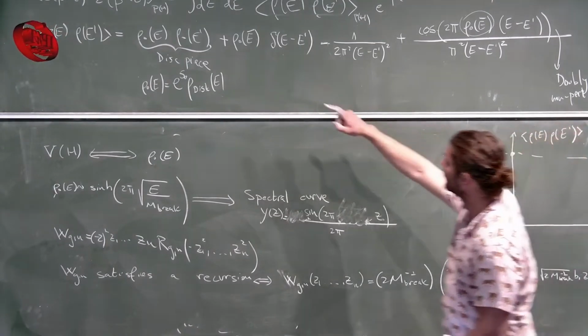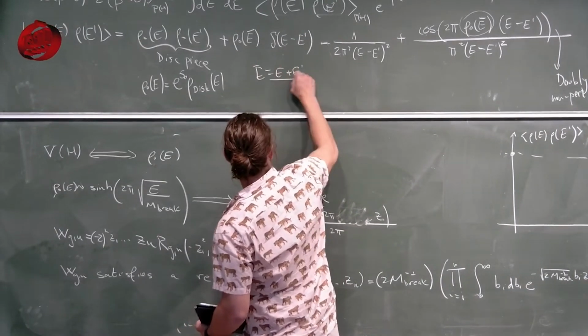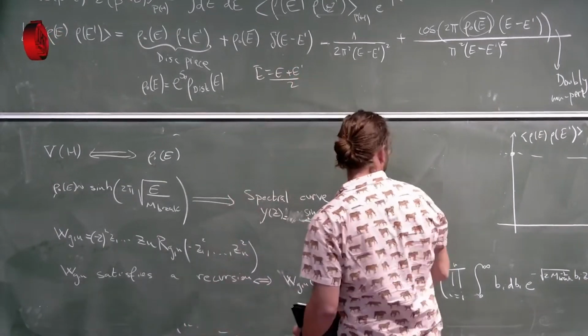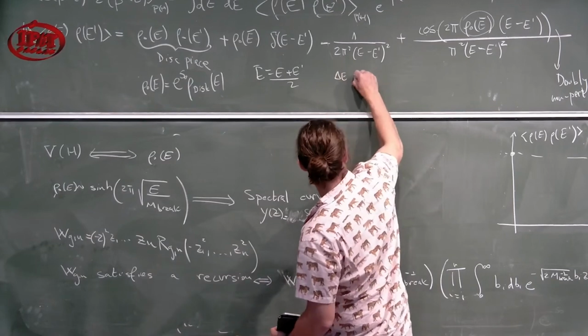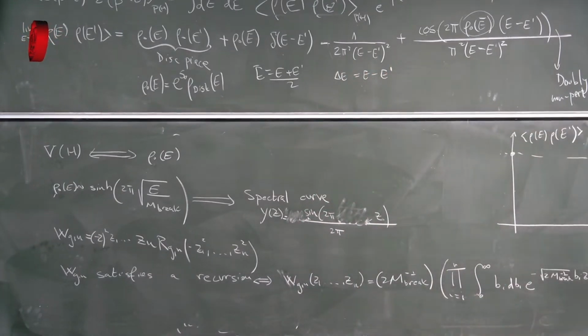And if you expand the disk here, E bar is just E plus E prime over 2. And I'll just denote delta E as E minus E prime. So I'll plot this as a function of delta E, keeping E bar fixed.